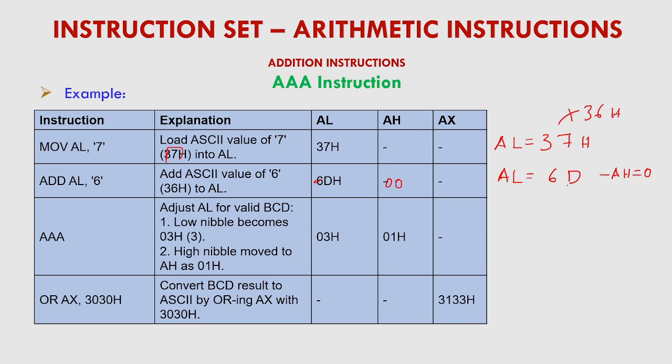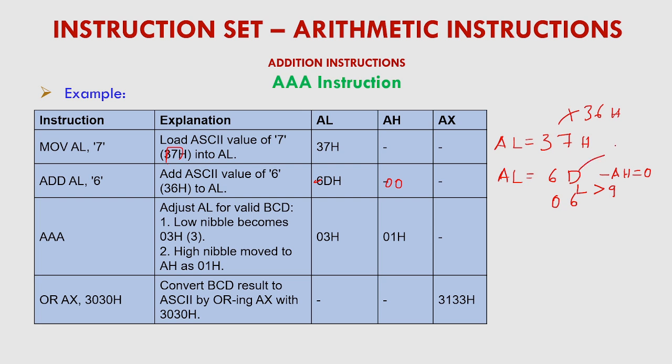Okay, now see this. This is not a valid unpacked decimal because it should be in the range of 0 to 9. So adjustment is required. Adjustment is required because it is greater than 9. If it is greater than 9, what do I need to do? I need to add 6 to the result.